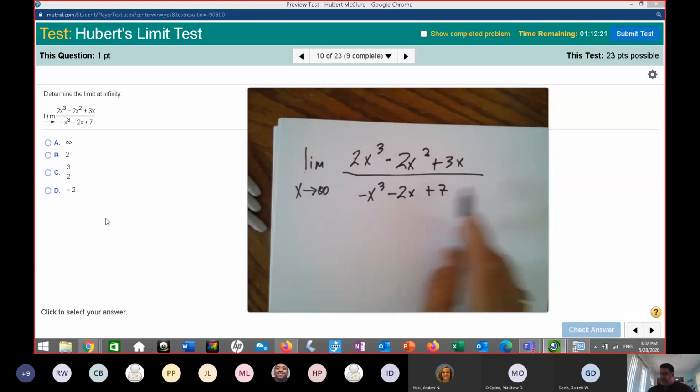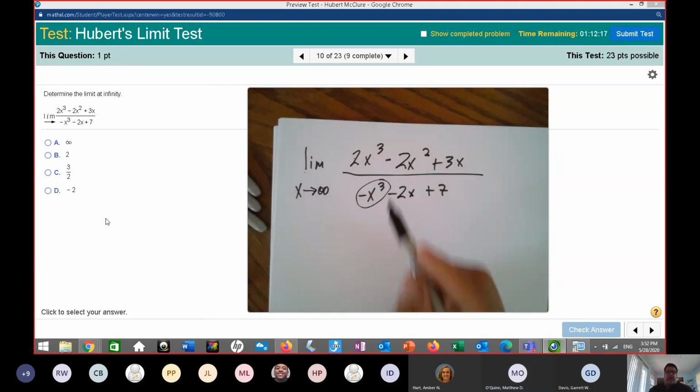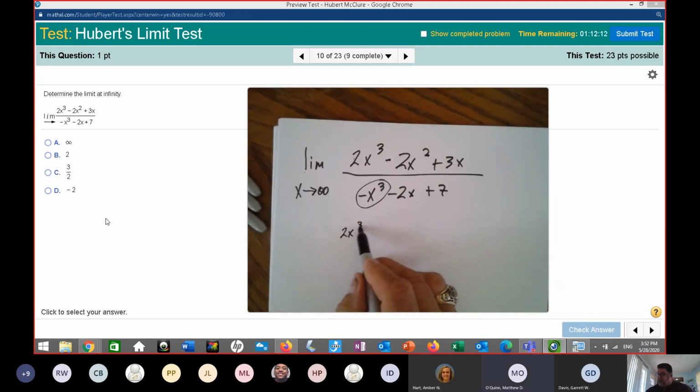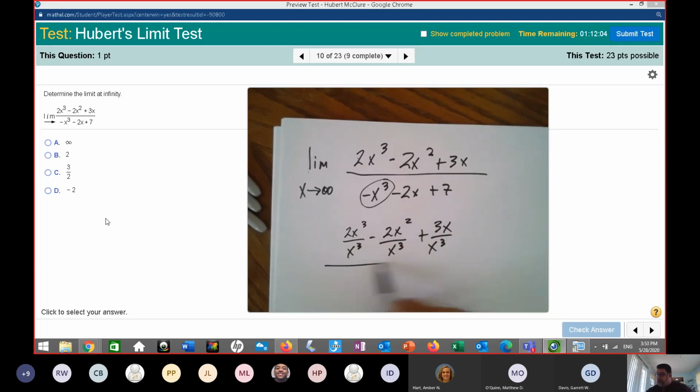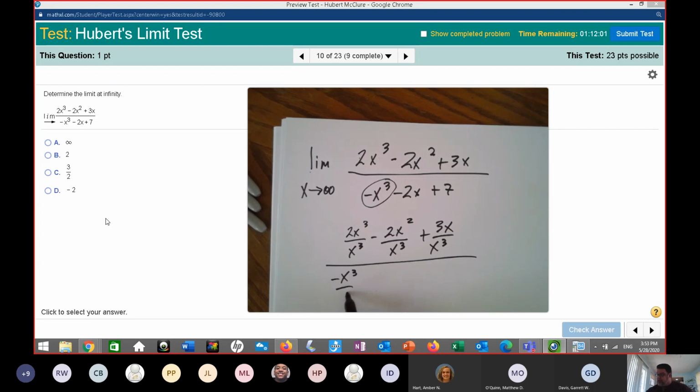I could divide everything by x cubed because that's the leading term of the denominator, x cubed. And if I did that, I'd get 2x cubed over x cubed minus 2x squared over x cubed plus 3x over x cubed, over negative x cubed over x cubed minus 2x over x cubed plus 7 over x cubed. And that's going to give you a negative 1 here.